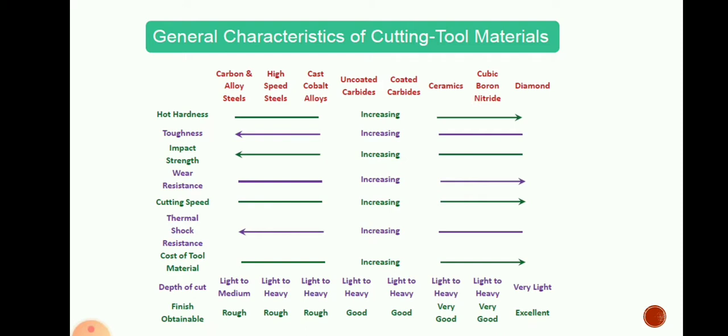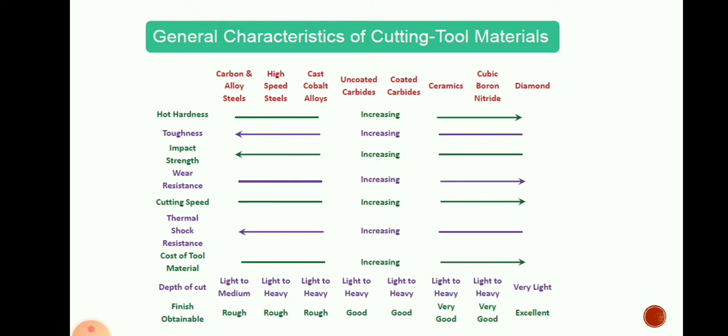Toughness for the carbon and steel alloy is high as compared to diamond, but coated and uncoated carbides, which we are going to study, are having moderate properties. Similarly, all other properties such as wear resistance, cutting speed, thermal shock are moderate for these coated and uncoated carbides.